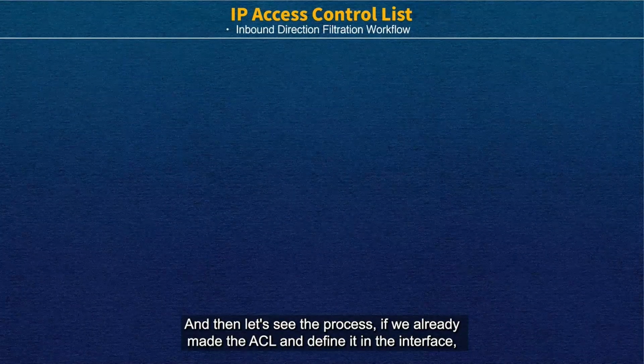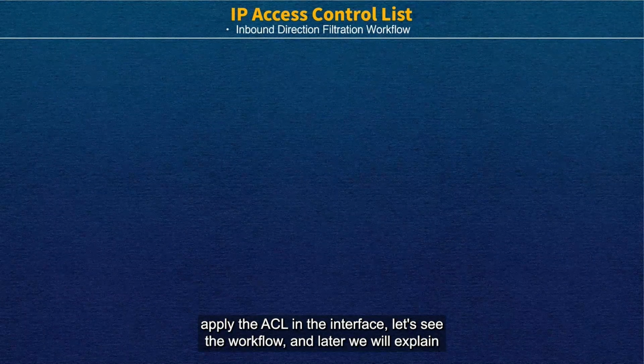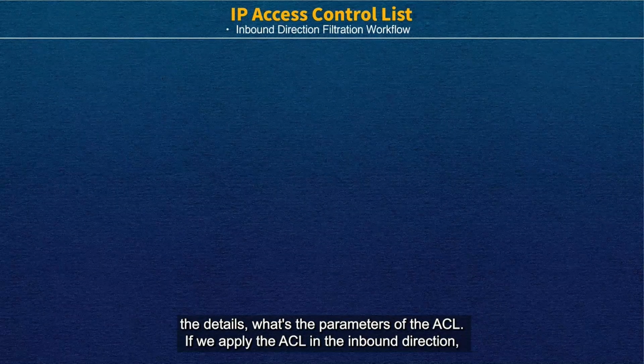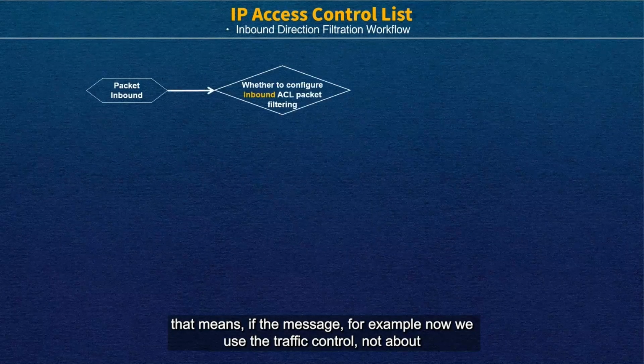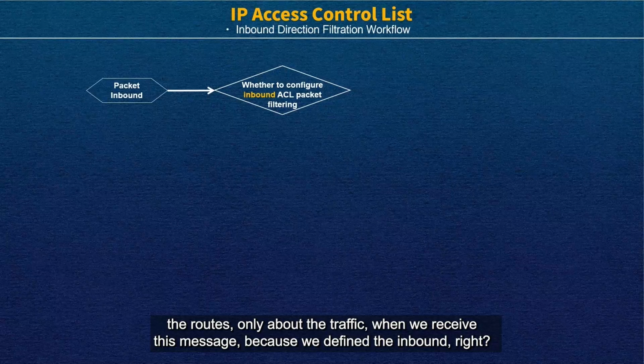And then let's see the process if we already made the ACL and applied it on the interface. Let's see the workflow, and later we will explain the details of the ACL parameters. If we apply the ACL in the inbound direction, now we use traffic control, not about the route, only about the traffic.